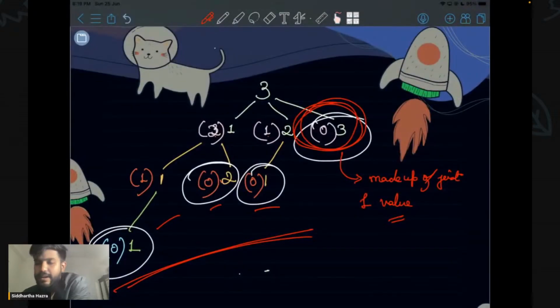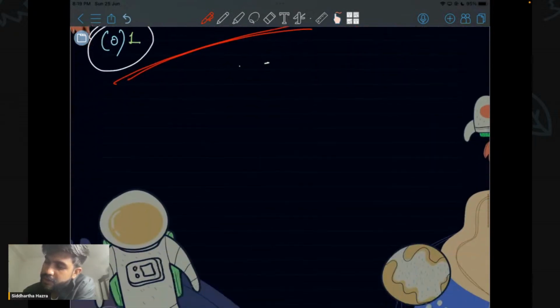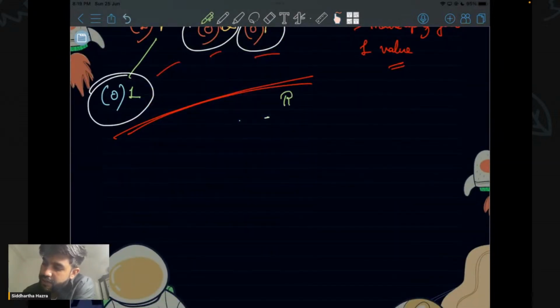Okay, so we found out this. So how would we really write the recursion? So if we talk about recursion, this is the recursion tree, and now we need to code up the recursion.